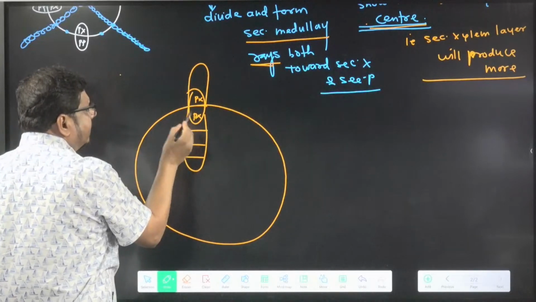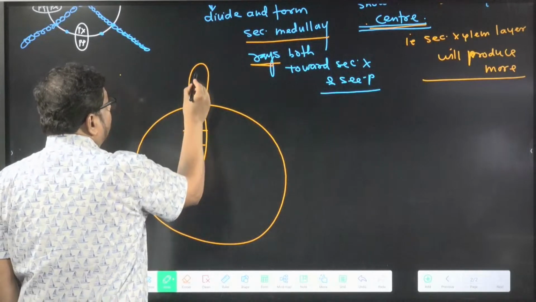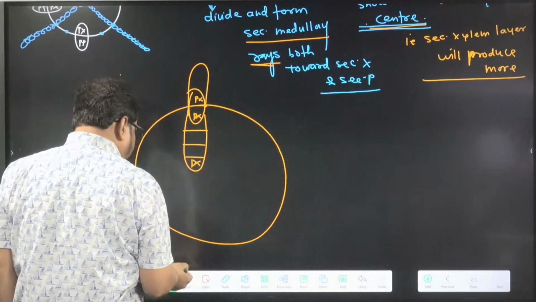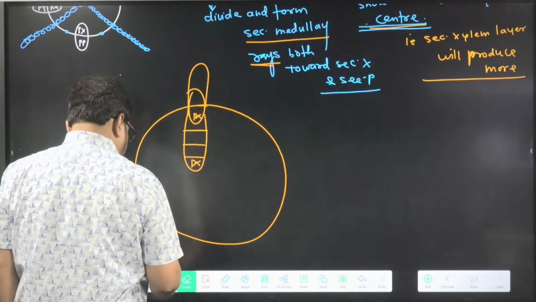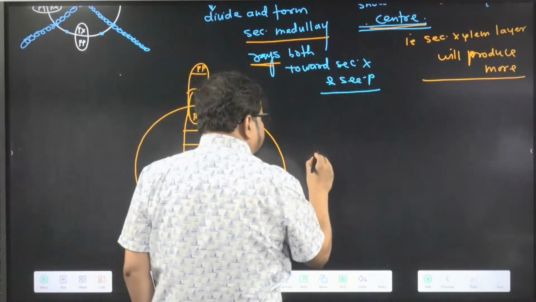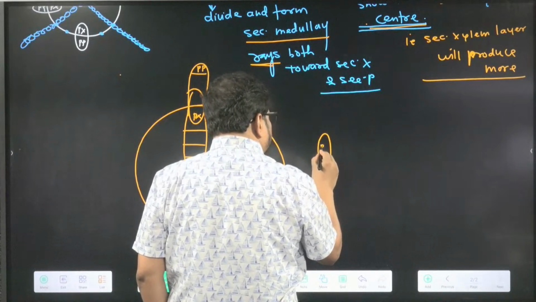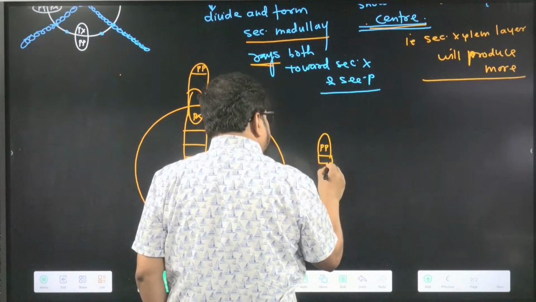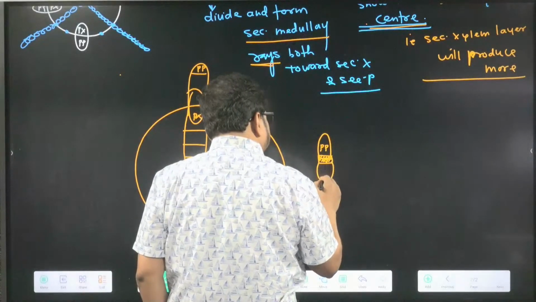Now the primary xylem comes in the center, and the primary phloem comes in the periphery. You just understand with this diagram, it will give you a better picture. It is primary phloem, it is cambium, part of the cambium ring, and it is primary xylem.